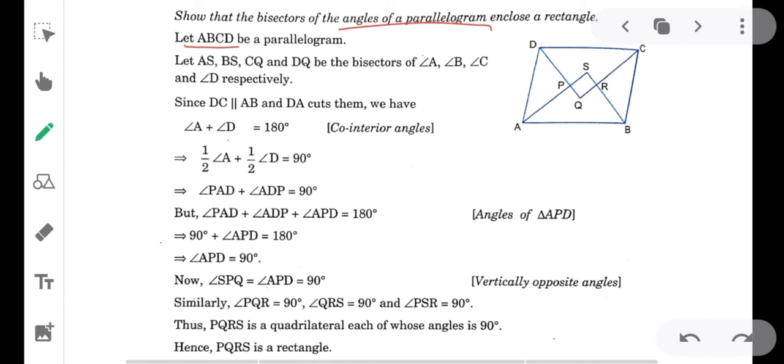So let ABCD be a parallelogram, and AS, BS, CQ and DQ be the bisectors of angles A, B, C and D respectively. Since this is a parallelogram, opposite sides are parallel, so DC is parallel to AB. And DA cuts them, so angle A plus angle D equals 180 degrees, because they are co-interior angles.